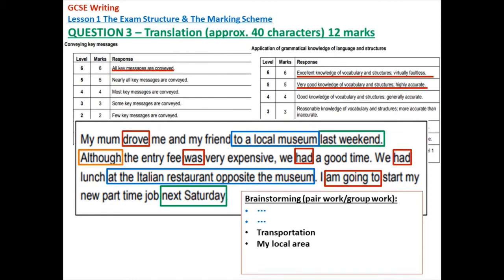My local area, a local museum. Holiday and travel, the entry fee. The entry fee usually depends on your schema of work. Usually I would introduce the entry fee in holiday and travel. What do you normally do when you're on holiday? Oh, I'm going to go to a local museum. Oh, however, the entry fee is too expensive, so I didn't go in. Okay, 好，an Italian restaurant 是不是 food and drink?